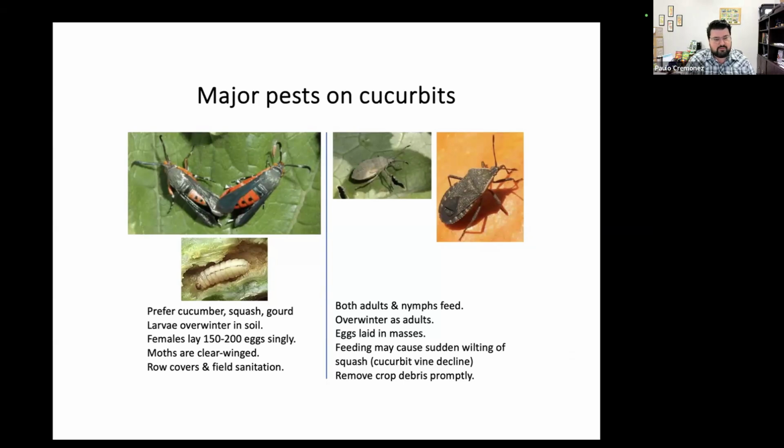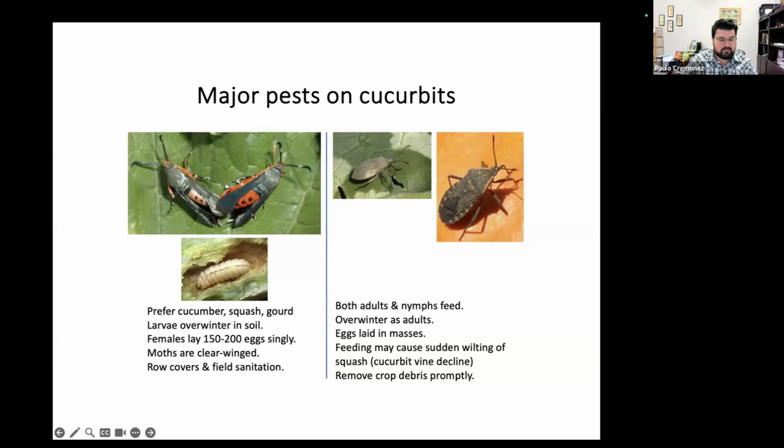The females lay a lot of eggs, 150 to 200 each time. The moths are clear winged and have reddish characteristics on the body, so you will see them from afar because they are very bright and pop out in the green foliage.